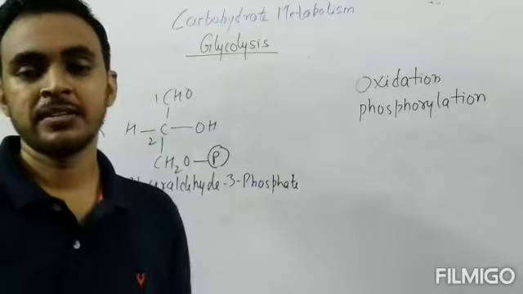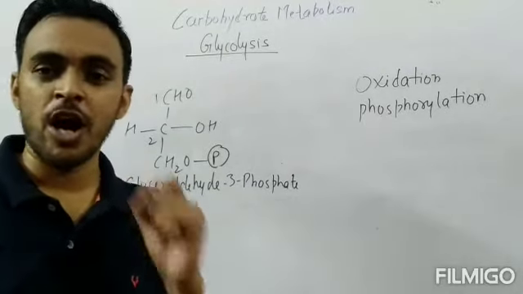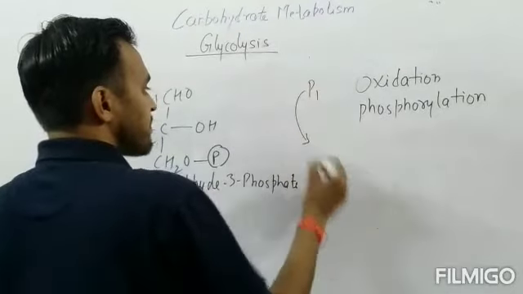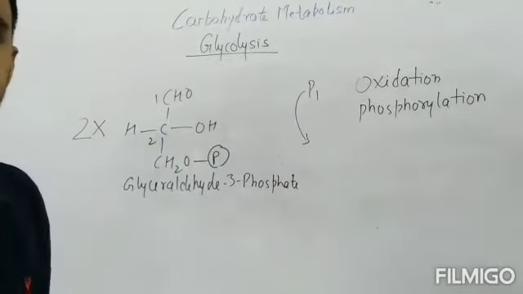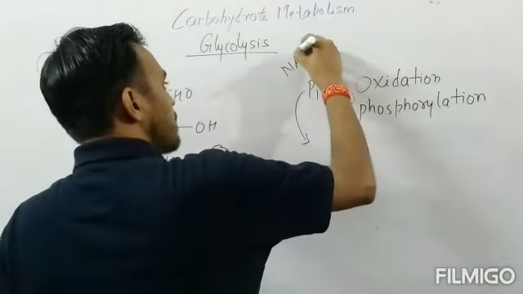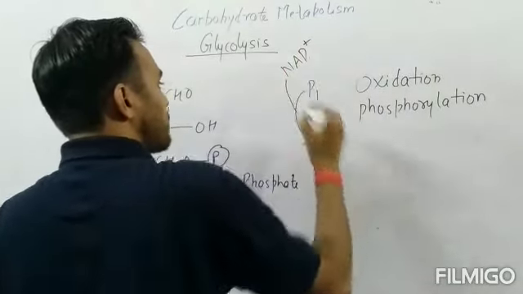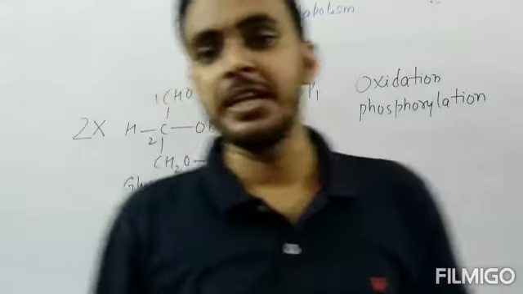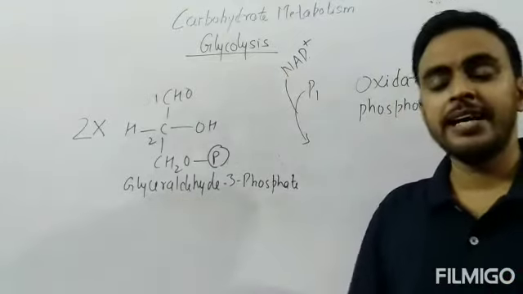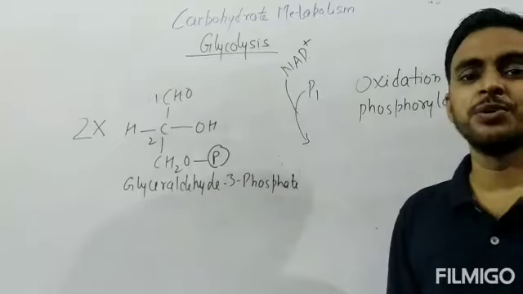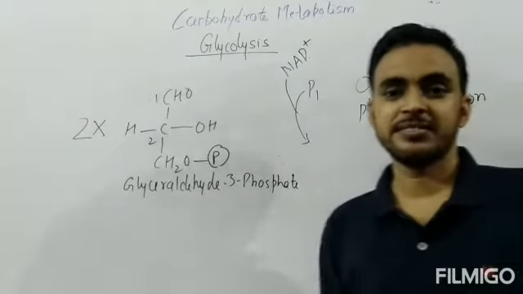But here the phosphate donor is not ATP, it is direct inorganic phosphate, and NAD positive receives the proton removed from here. And you know, in chemistry, when an aldehyde goes through an oxidation reaction, it converts into an acid.